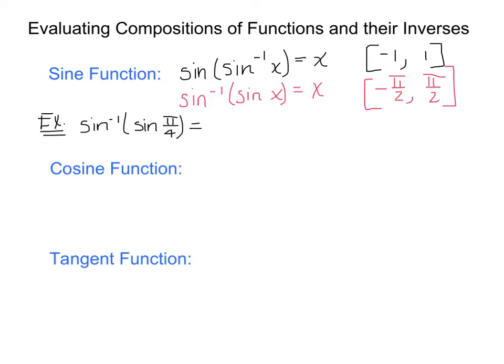Since we're finding the sine of this angle, remember, the angle has to be between negative pi over 2 and pi over 2, because that's where sine has an inverse. And pi over 4, remember, is in quadrant 1, so we're good. So that means that the answer will be the angle.